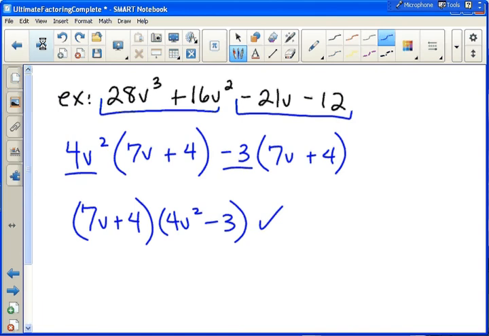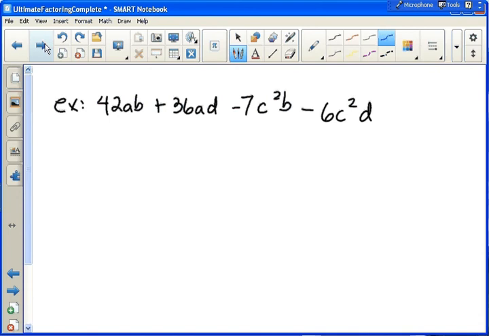Okay, getting a little more complicated now. Still 4 terms. The fact that there's more than 3 terms tells me that it must need factoring by grouping. So I treat this as the first pair and this as the second pair. Okay, first of all, 42 and 36.